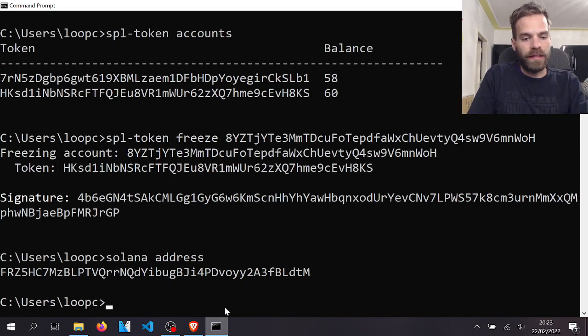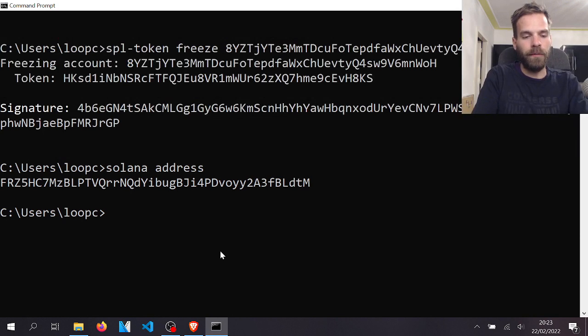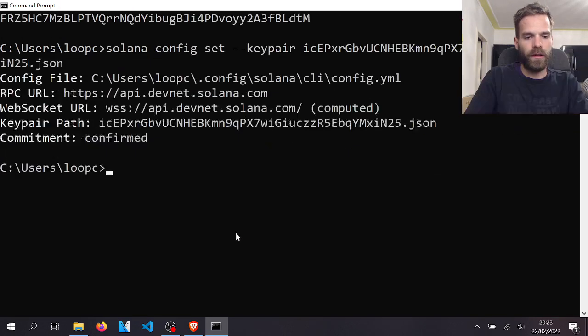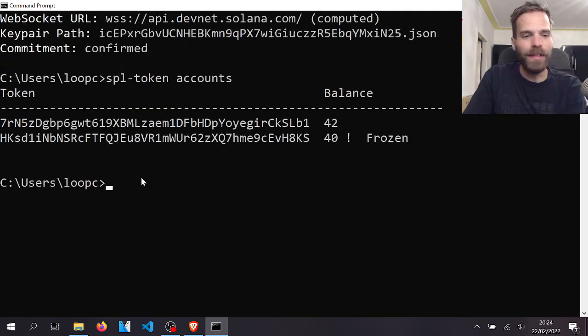So let's not use Phantom and say Solana config set key pair to the ICE wallet. And then accounts. Haha, we see this account here has been frozen.